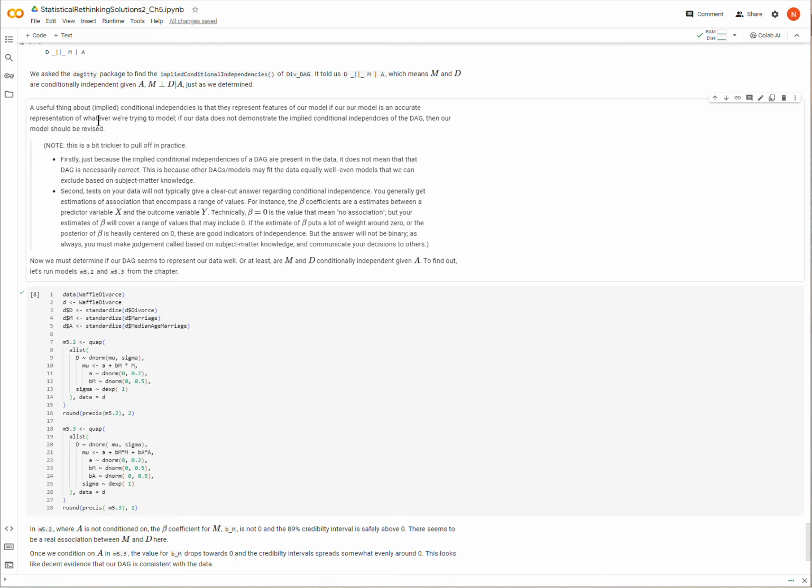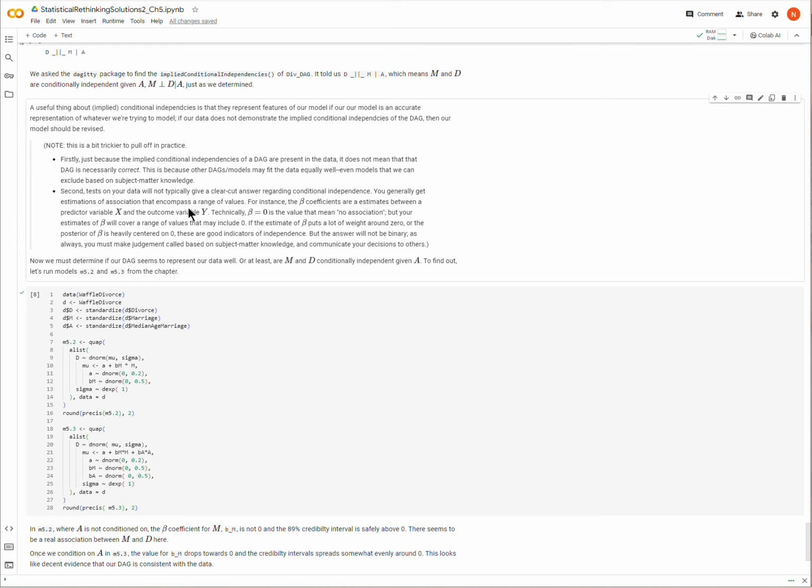So generally what we're looking for is a beta coefficient that encompasses 0. Remember, the beta coefficient in the regression is the association between a predictor variable and the outcome. We're looking for that value to be 0 for it to be conditionally independent on everything else in the regression, and for the credibility interval to spread more or less evenly around both sides of 0.